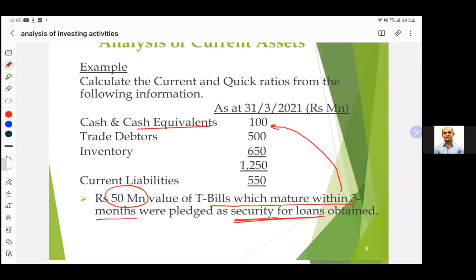Whenever you need money to pay, let's say, trade payables, you cannot withdraw the investment and get the cash back, because it has been kept as security for loans.